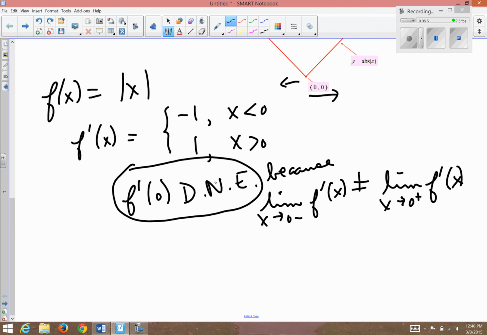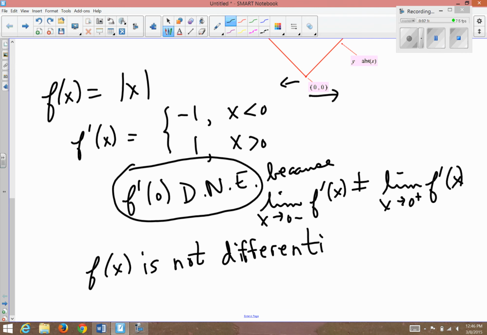Saying the derivative at 0 does not exist is the same as saying the function, which is the red function, is not differentiable at this number that's in the parentheses right here, at x equals 0.